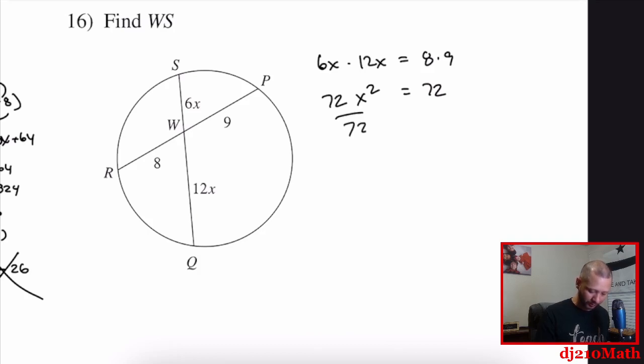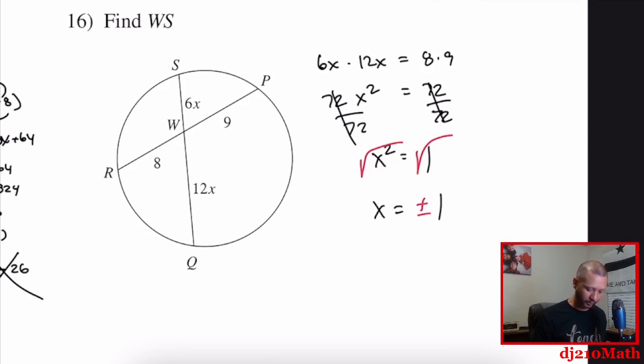So divide both sides by 72. X squared is equal to 1. Again, square root. We get x is equal to plus or minus 1. So either positive 1 or -1.